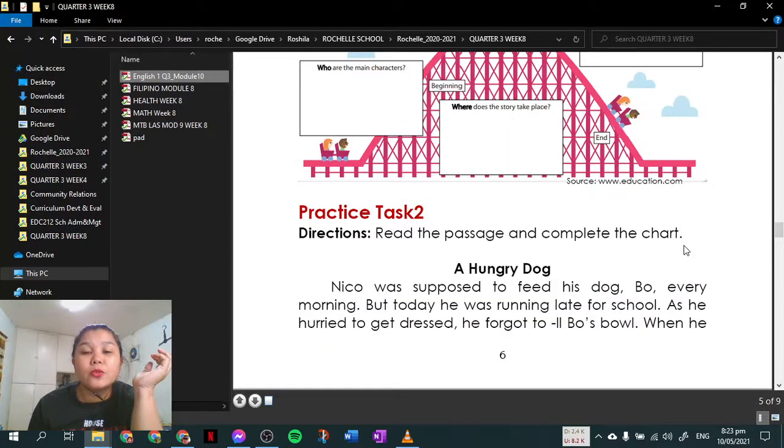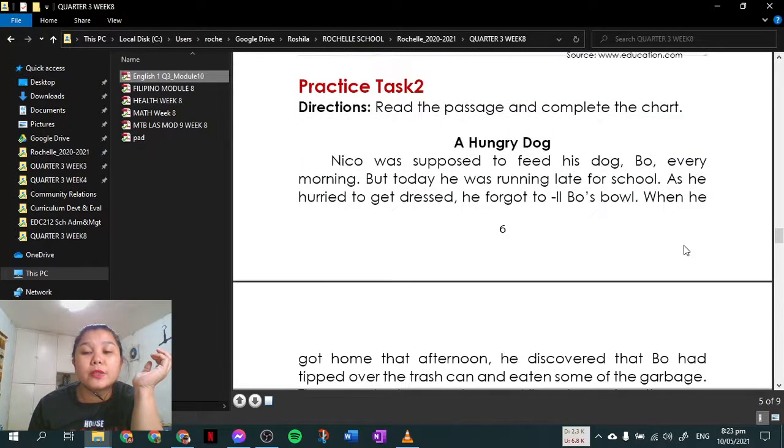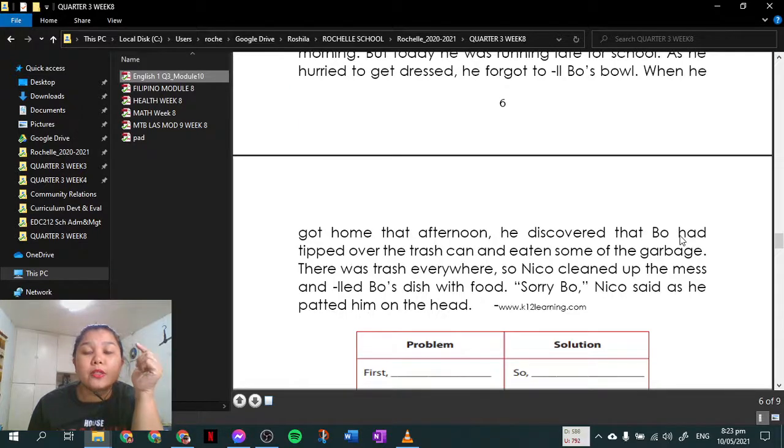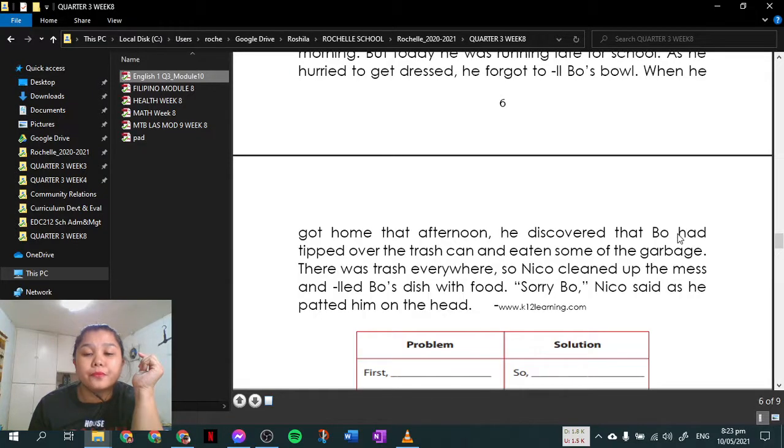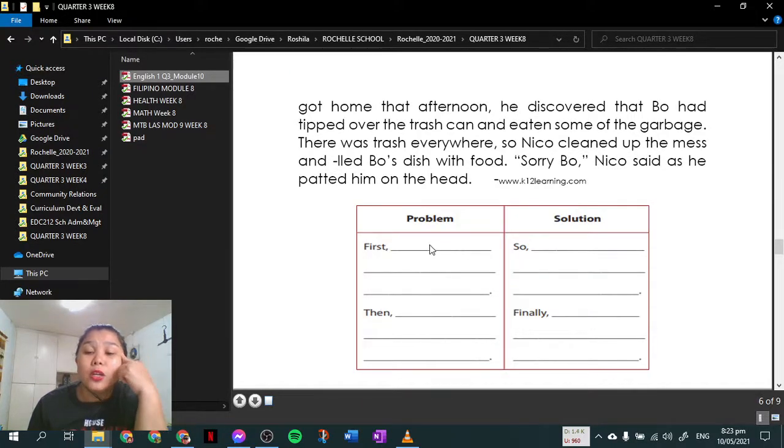Next, practice task 2, read the passage and complete the chart. So after you listen to this story, A Hungry Dog, you need to answer which was the problem, and then the problem at the beginning, and then what's the solution, then another one, and then finally yung ending wherein there was also a solution.